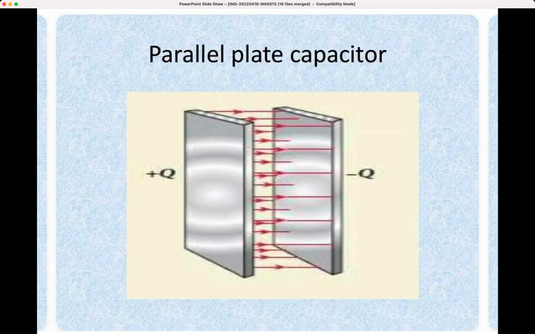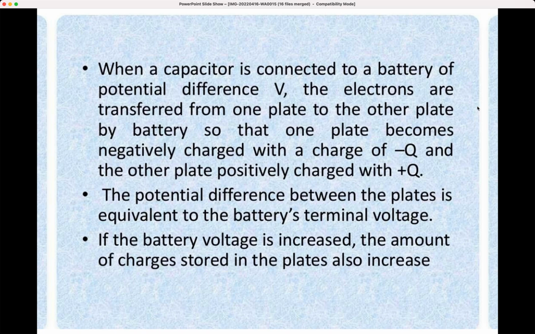That I will explain to you. Before that, you have one more schematic diagram of a parallel plate capacitor. Two plates are there, plus Q and minus Q. Now when a capacitor is connected to a battery of potential difference V, electrons are transferred from one plate to the other by the battery, so that one plate is negatively charged, minus Q, and the other plate is positively charged, plus Q. Normally the potential difference between the plates is equal to the battery's terminal voltage.